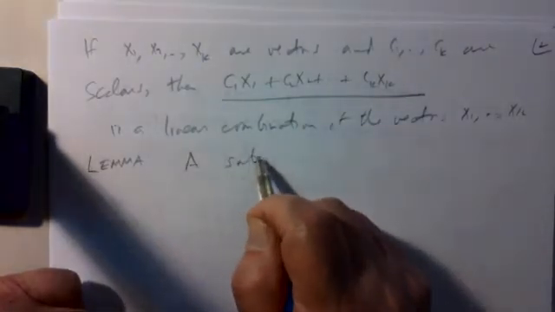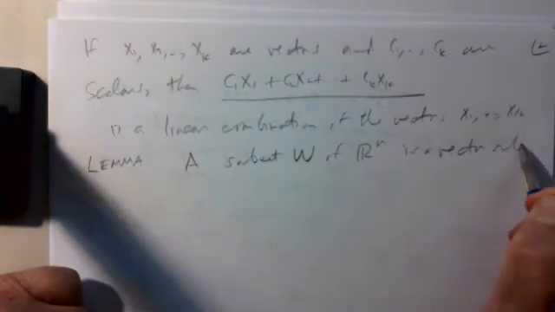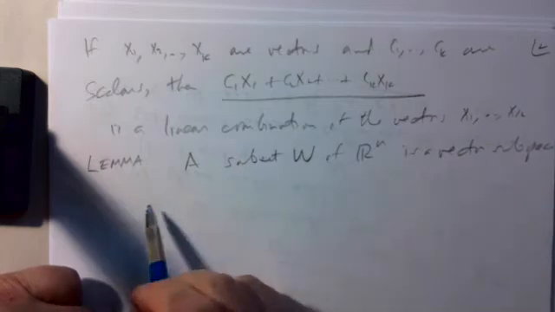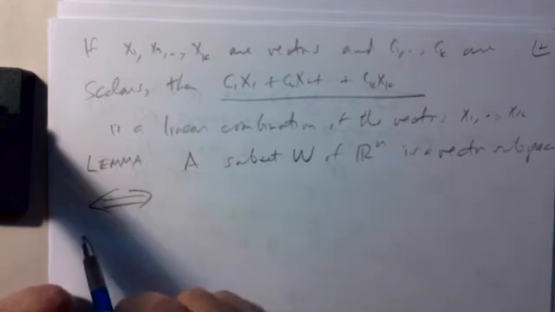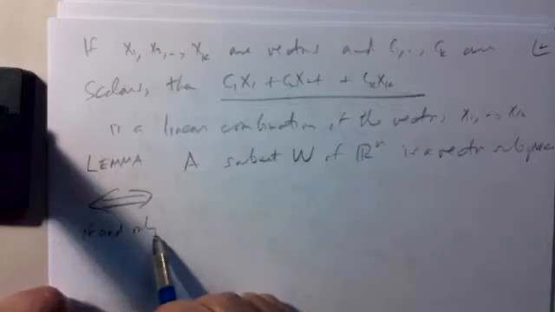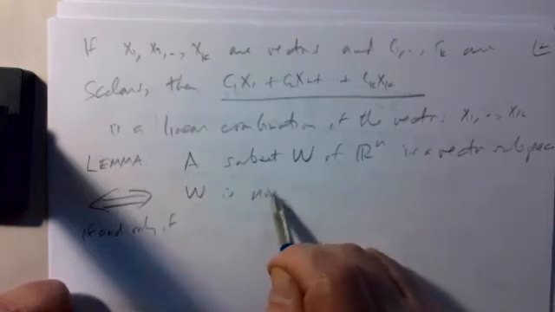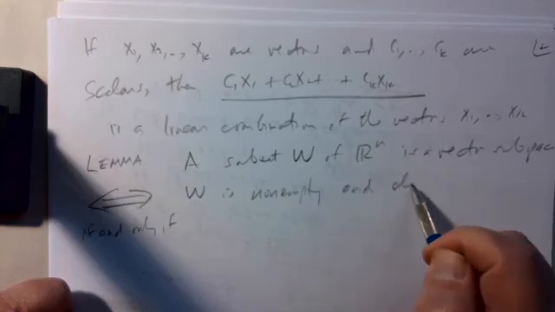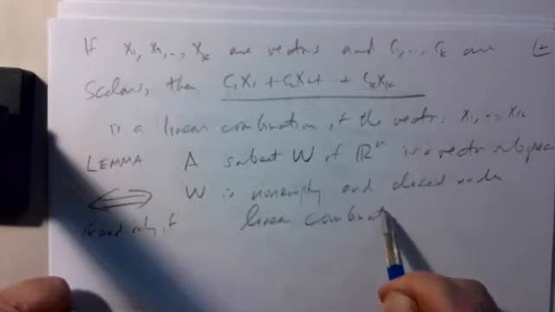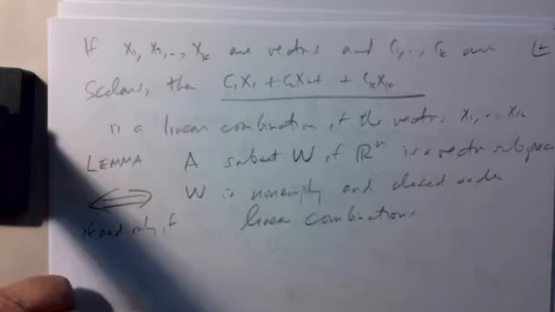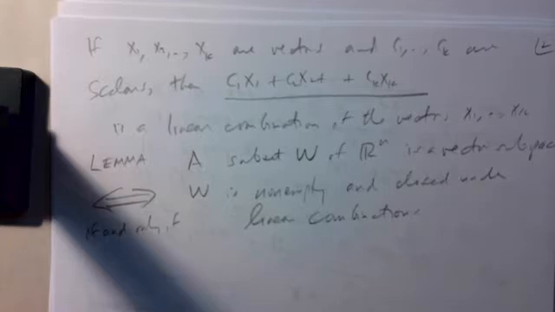It says that a subset W of Rn is a vector subspace if and only if, that's what this double-headed arrow means, W is non-empty and closed under the operation of taking linear combinations.